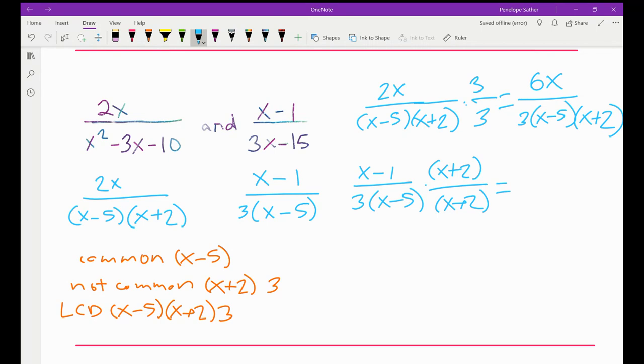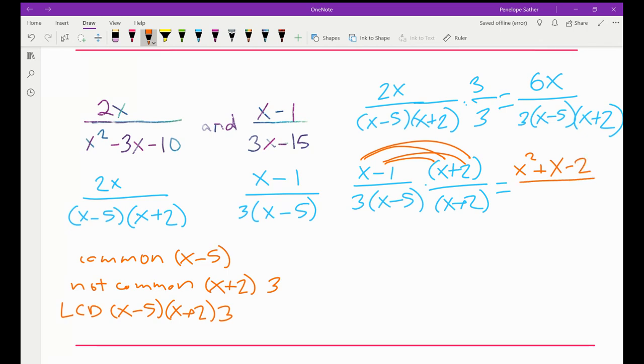So at the top, you're going to end up working with x times x, x times 2, negative 1 times x, and negative 1 times 2. And when we do that and simplify all of that, we get x squared plus x minus 2.